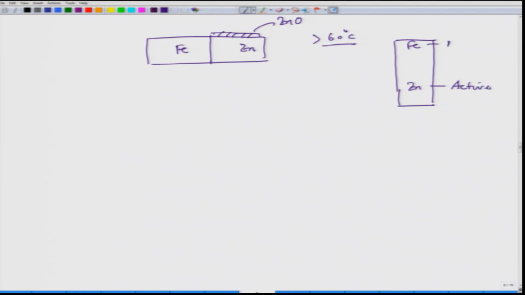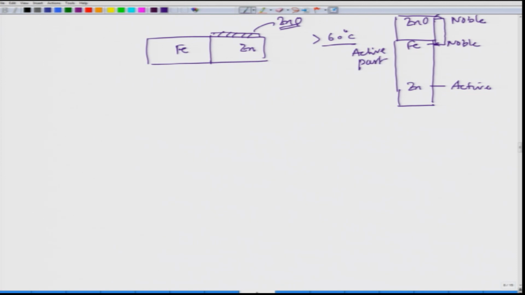So, that means zinc is active and iron is noble. But once zinc oxide forms, zinc oxide has a position which is above iron, and once that zinc oxide forms, zinc oxide becomes the noble part and iron becomes the active part.